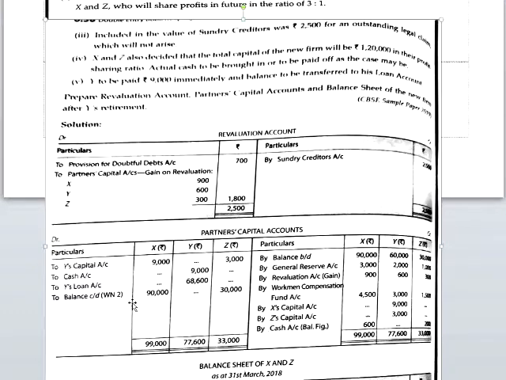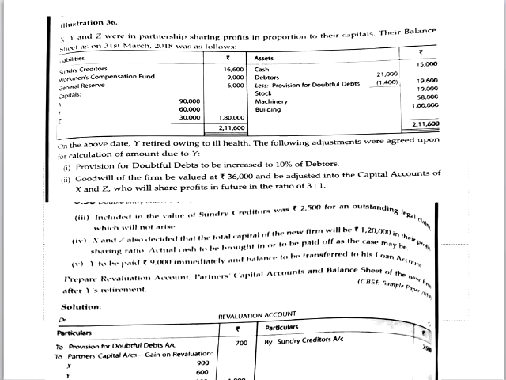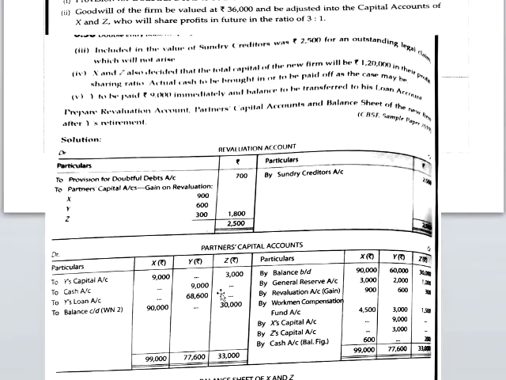And then how have you done the adjustment of X and Z? See the working note here. Total capital is 1,20,000, and the new ratio is 3:1. So 3/4 of 1,20,000 is 90,000, and 1/4 of 1,20,000 is 30,000. So accordingly it is shown as 90,000 and 30,000, meaning 1,20,000 is distributed in their new ratio.